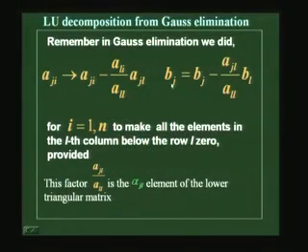The only difference is that in Gauss elimination, whenever we transformed the matrix A, we also transformed B. But in this case we don't have to do that, because we simply store these factors, Ali by All, in our alpha matrix.